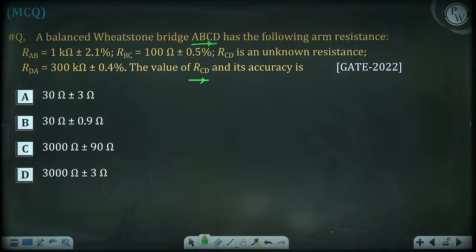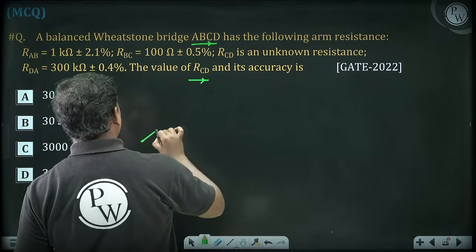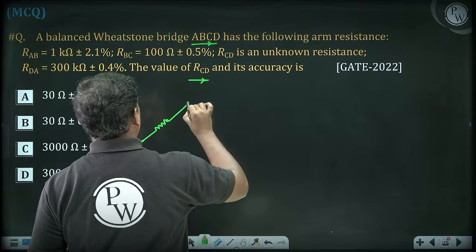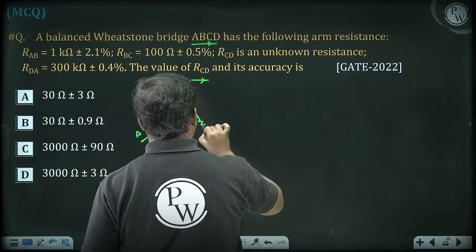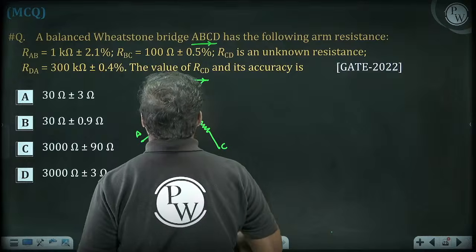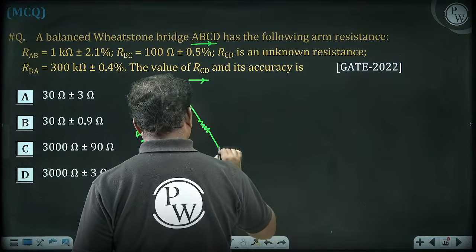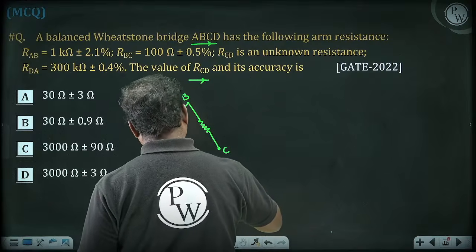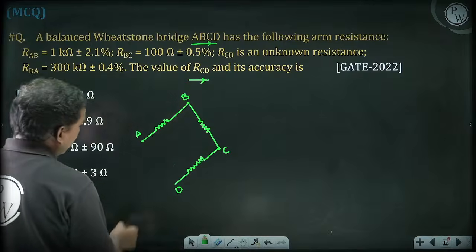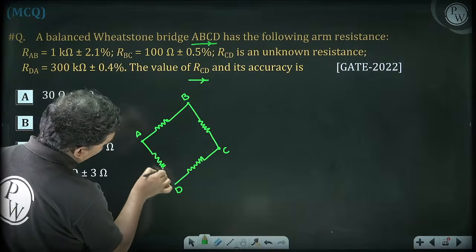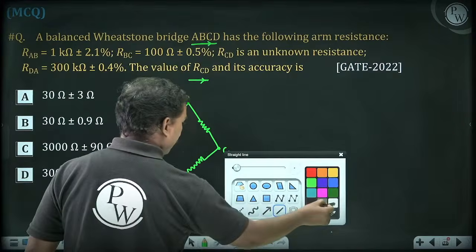First of all, let us draw a Wheatstone bridge like this. This is A and this is B, and C, and this is D. Next, this is DA. Okay, so this is the circuit.